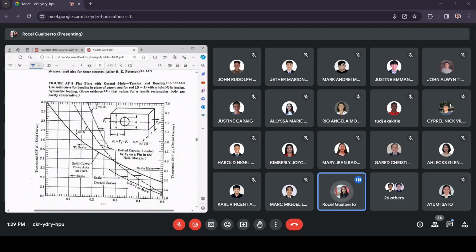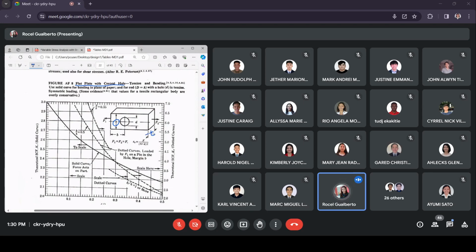Figure AF8 is specific for a flat plate with a central hole. So see the illustration here. This is the machine member, and then you have there a central hole. For the dimension of the machine member, you have there H for the height of the flat plate, and you have here the thickness.